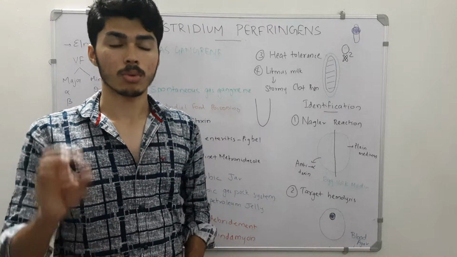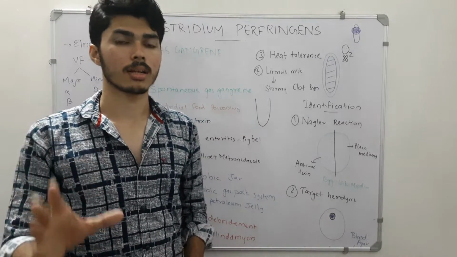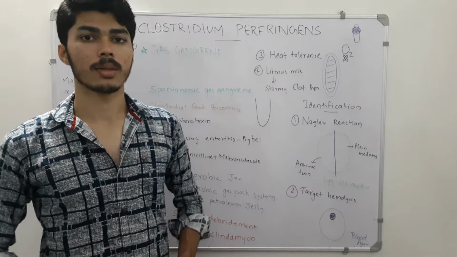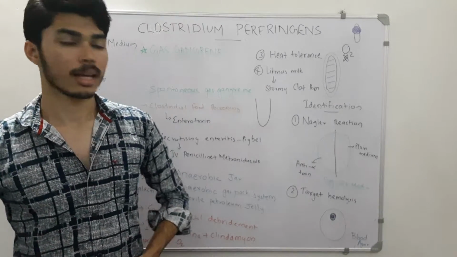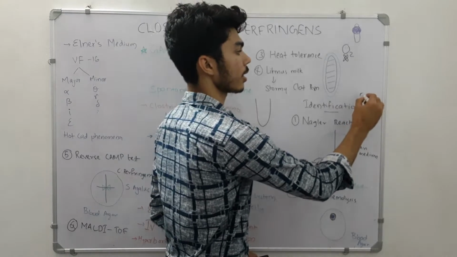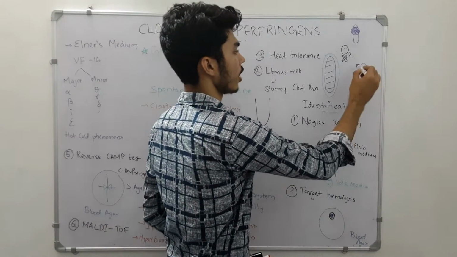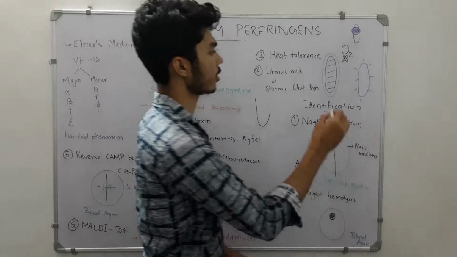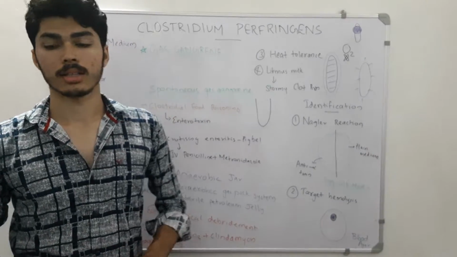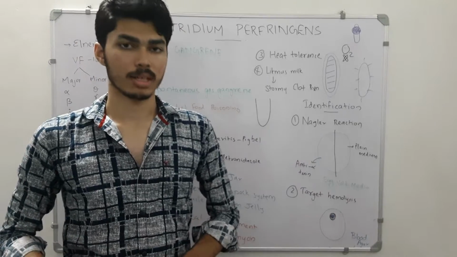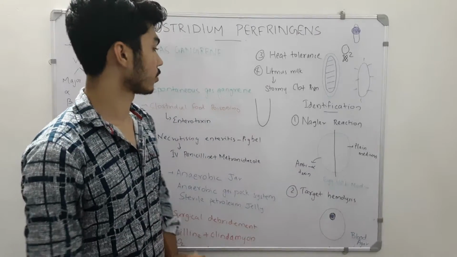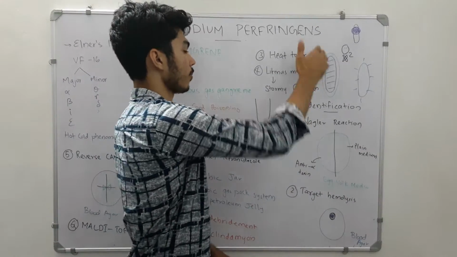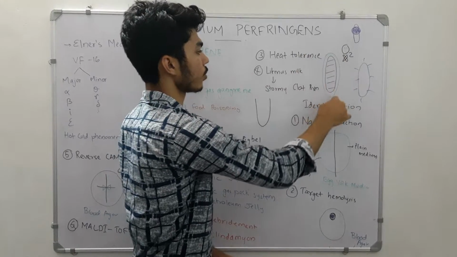But most of the species belonging to Clostridia have flagella, and that flagella is of peritrichous type. If the flagella is arranged like this, that is the peritrichous flagella. And you can see that here there is a capsule.